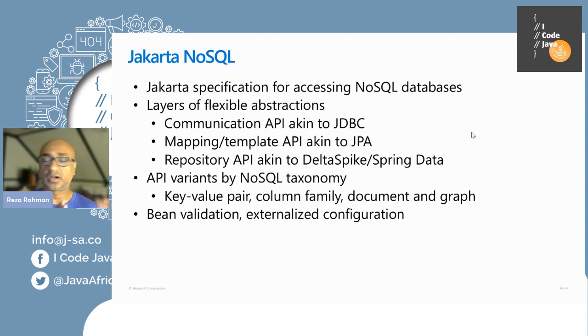So if you don't know what Jakarta is, it is basically the technology that used to be known as J2EE or Java EE, used to be developed by Oracle in the JCP. A few years ago, it moved to the Eclipse Foundation, and we just had a brand new Jakarta release. If you haven't heard of it, Jakarta EE 10, and this is one of the specifications that is being developed under that umbrella. It's not quite 1.0 yet. It will be very soon, probably in the Jakarta EE 11 timeframe.